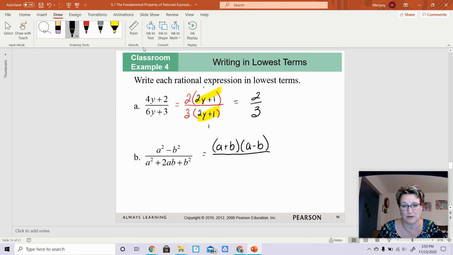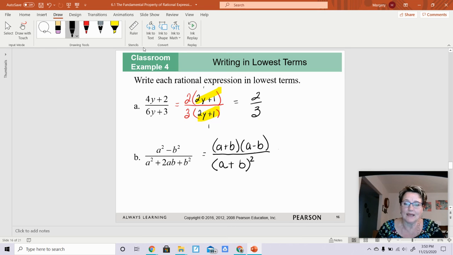Please look it up if you don't know it. Now, this bottom one is actually known as a perfect square trinomial. I know this is going to be a because the square root of a squared is a. The square root of b squared is b. And the plus sign in the middle tells me I'm going to have a plus sign here. And then I know that this is going to be squared because that's the formula that I gave you a while ago in chapter 4.